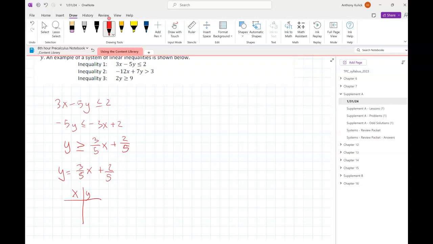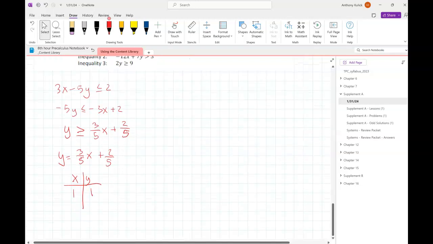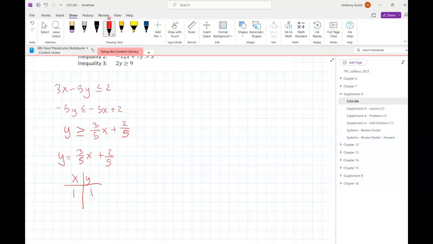Everybody's okay so far? So let's see, I'm going to pick 1. So 3/5 plus 2/5 is 5/5, or just 1. And then what do I need here? 6 would be a good one. 3/5 times 6 is 18/5, plus 2/5 is 20/5.